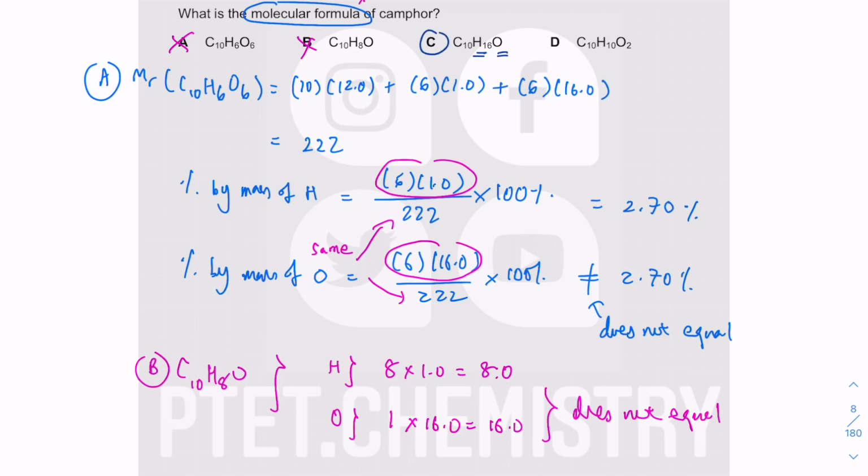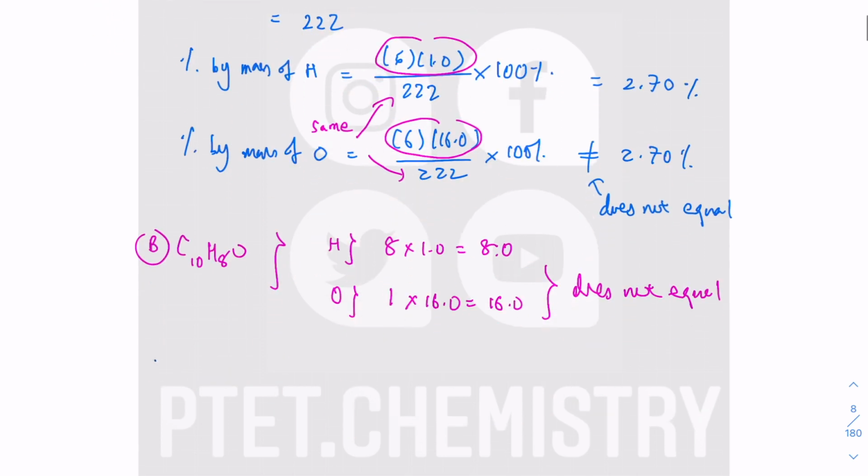All right, so let me just show you C10H16O. So for the hydrogen, again, if you want the percentage by mass, the denominator will be the same. Whether we're calculating for hydrogen or oxygen, the denominator will be the molecular mass, which again doesn't matter because they'll be the same. So I just compare the numerator, the number on top. For hydrogen, I have 16 of them.